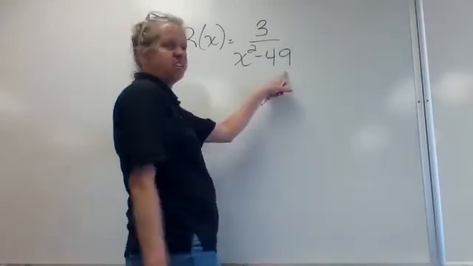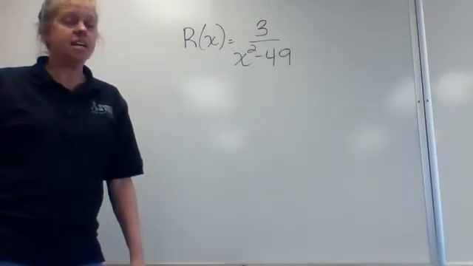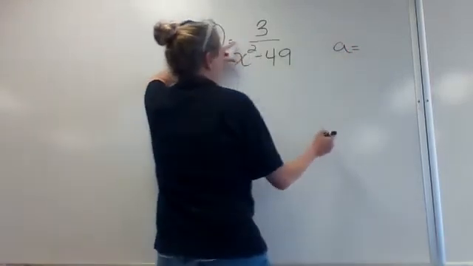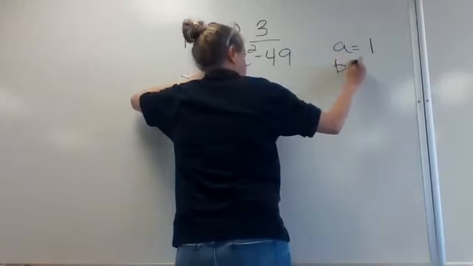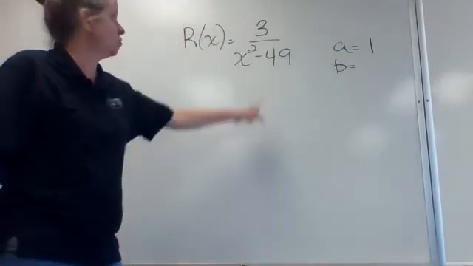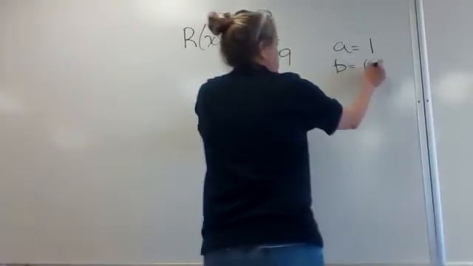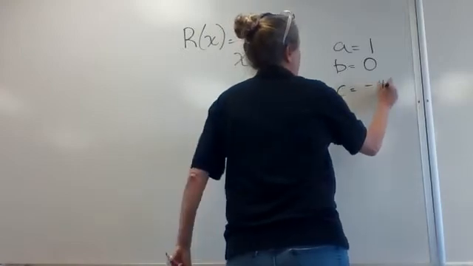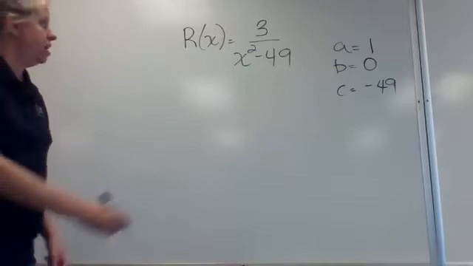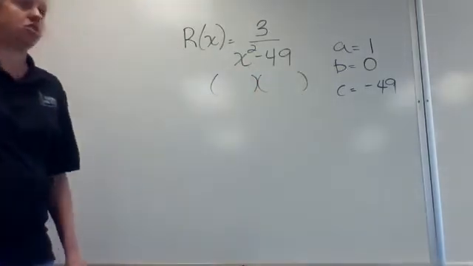That I can factor pretty easily. It's a difference of squares. If I put it in quadratic form, since it is x squared, a would be 1. What would b be? 0, right? Because b is the number in front of the x, which there's not one, so it'll just be 0. Your c would be negative 49.